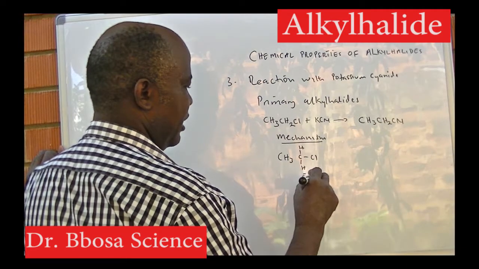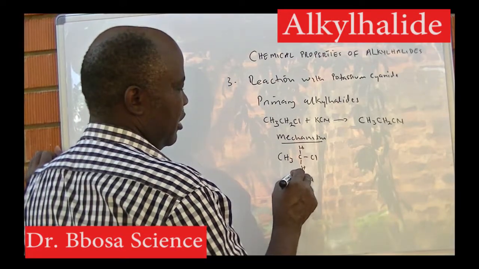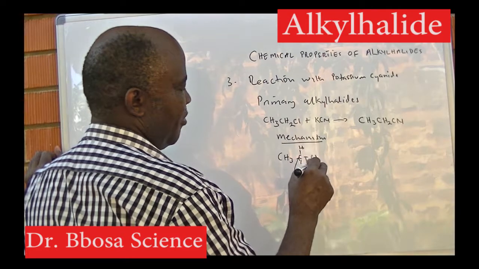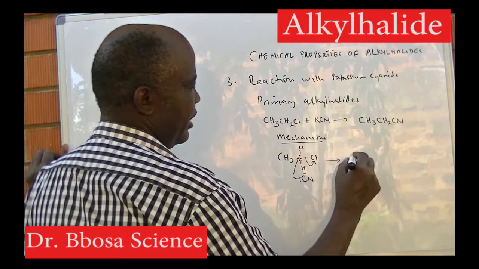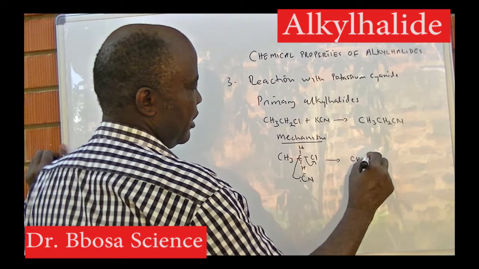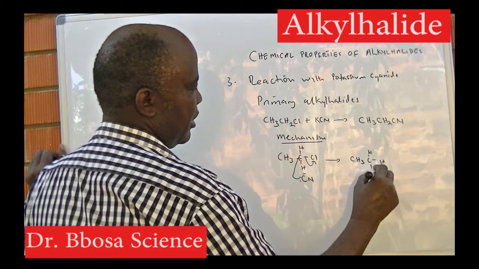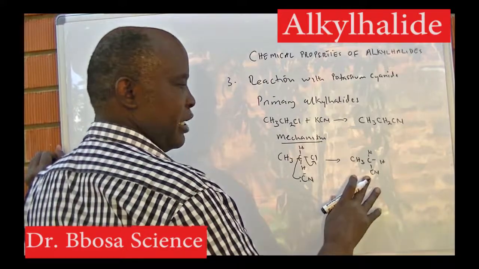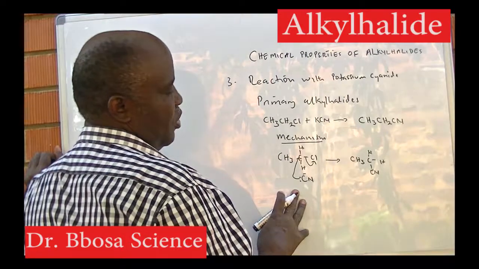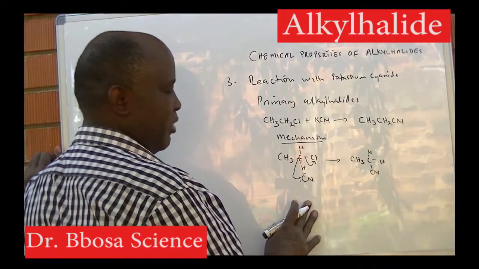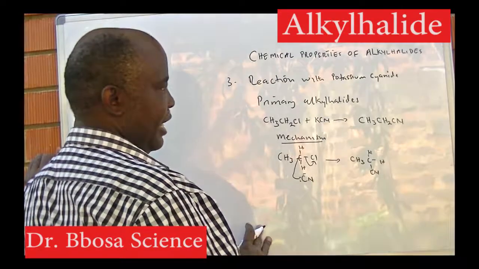The cyanide ion uses a lone pair of electrons to displace a chlorine atom from the carbon. Then you get the chain increased by one carbon atom. The mechanism is SN2 because the slow step involves two molecules, the cyanide ion and the alkyl halide.